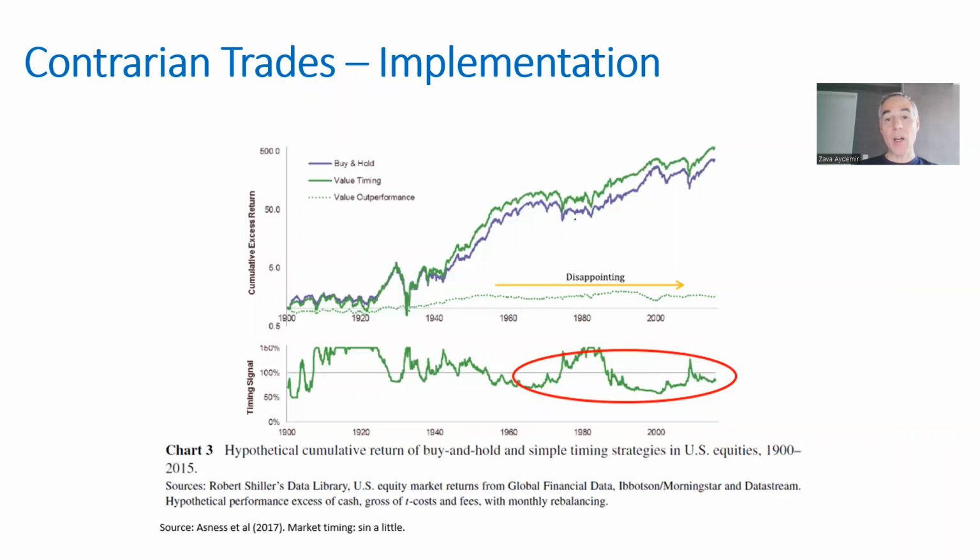What you see here in the top panel is the cumulative performance. In blue, we have just a simple buy and hold over a period from 1900 to 2015.